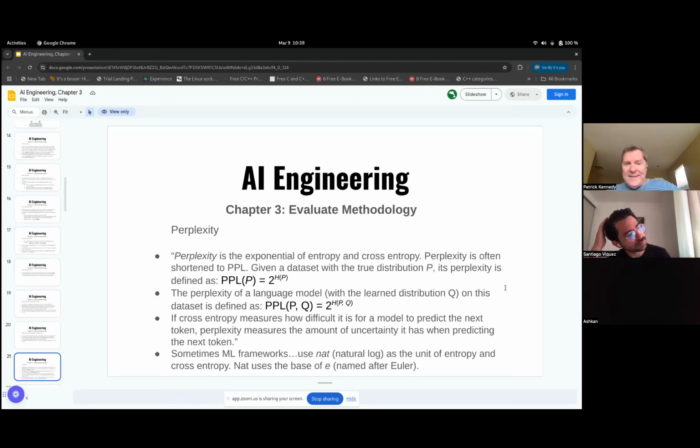It's the same thing here. You can use different bases, binary versus decimal versus Euler, the nat, and it's the same data. It just gives you different ways of looking at it, and can be useful.